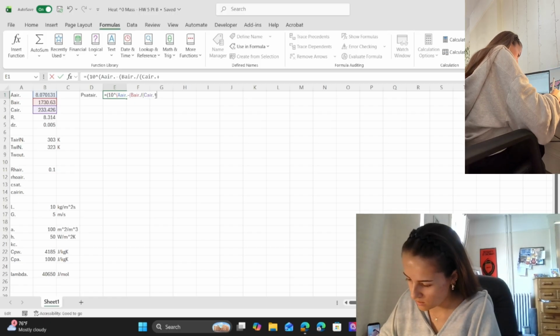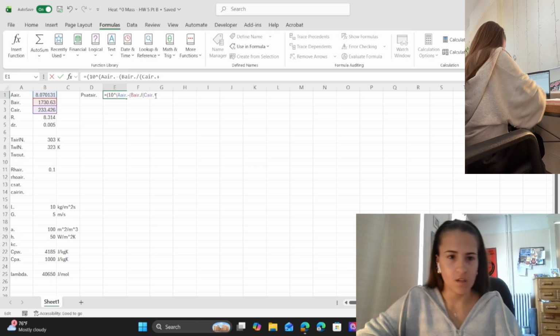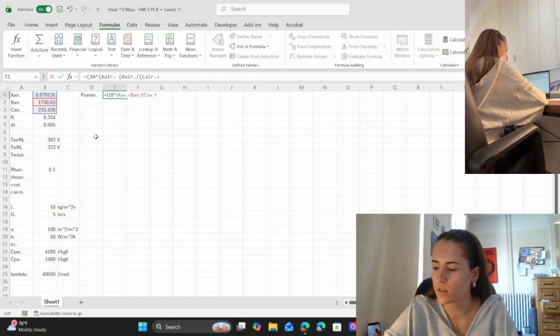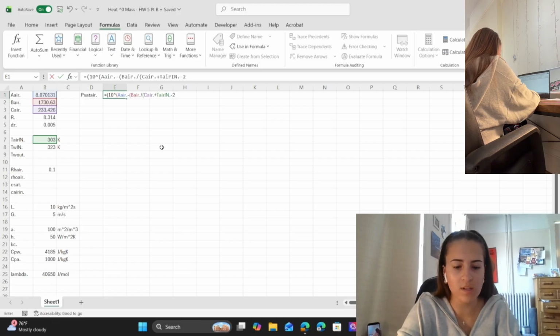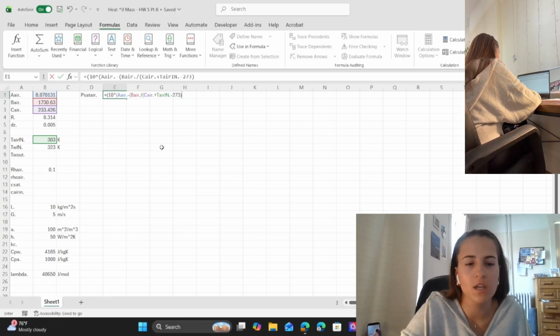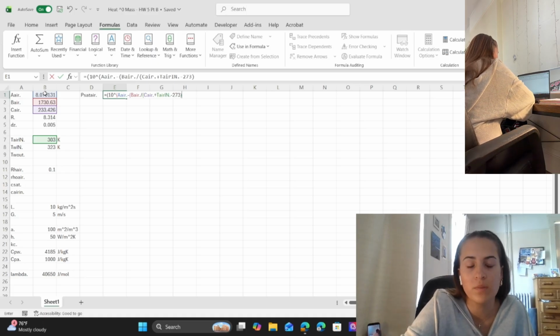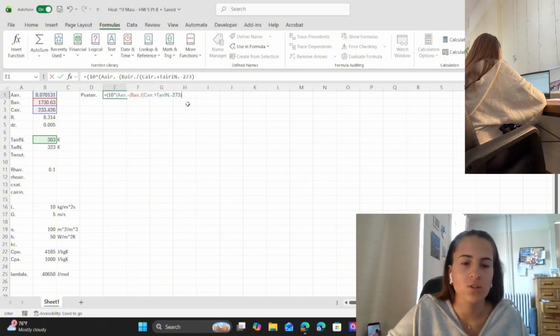So Psat equal to A. Yeah, I think it's minus. And then plus, and then we're looking at the temperature of the air coming in, so here, but then we have to subtract 273 because Antoine's equation coefficients are given in terms of degrees Celsius equaling millimeters of mercury, so we have to subtract 273 to get this in degrees Celsius.